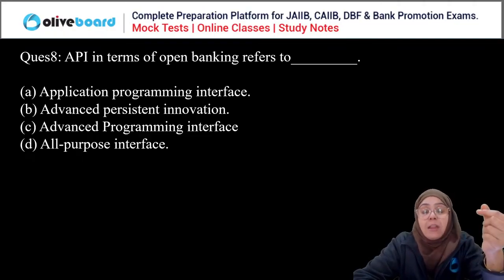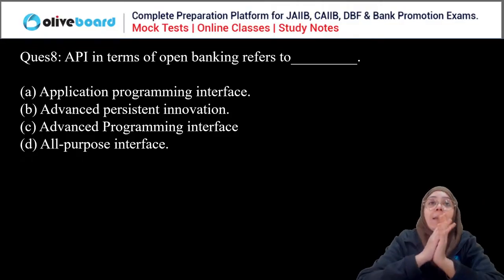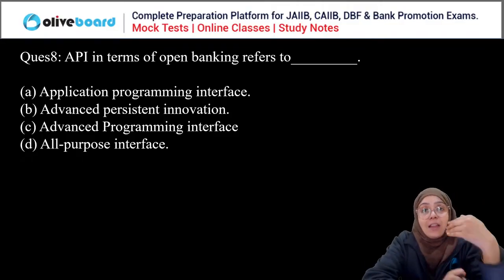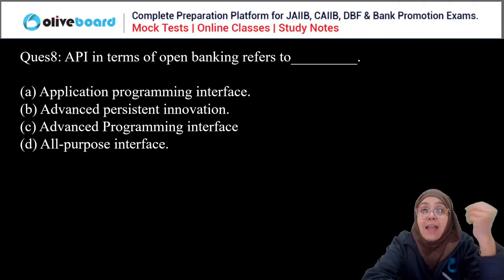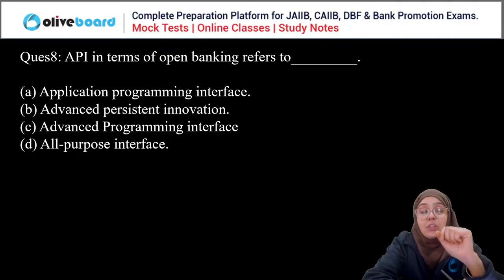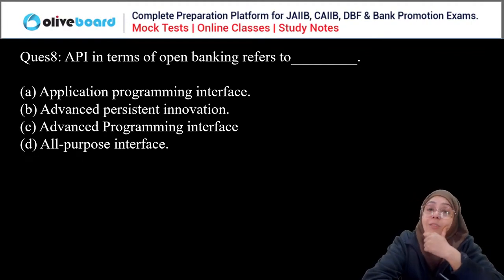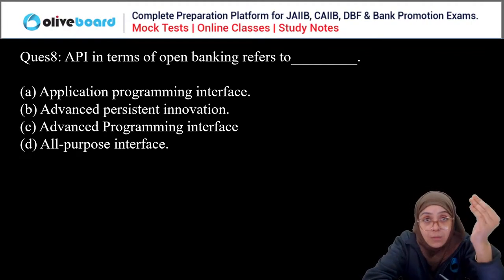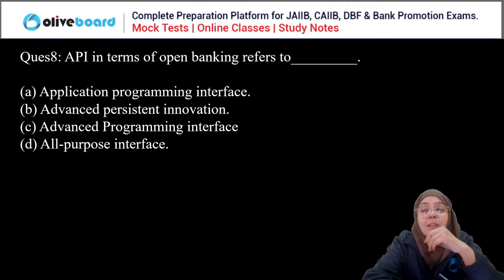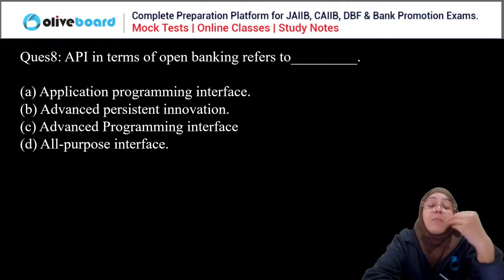So, what is open banking? Open banking is when the customer gives their consent that the bank can share the financial information of that customer to any third party app or service provider, so that the third party can give the customer information according to their preferences.